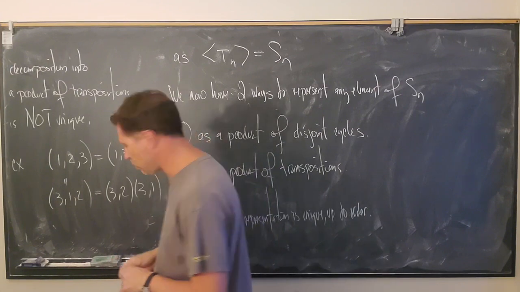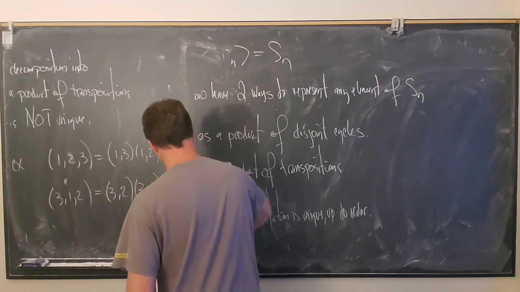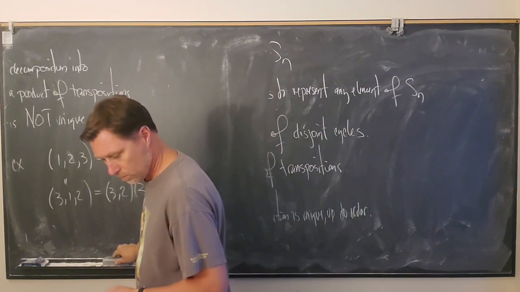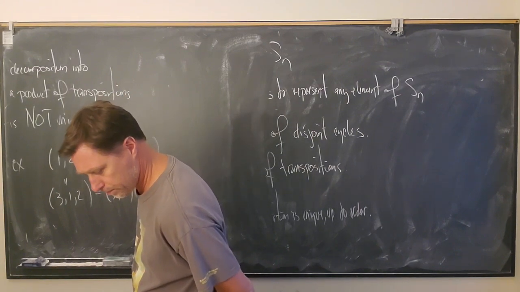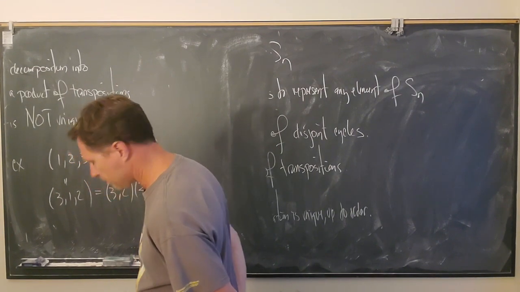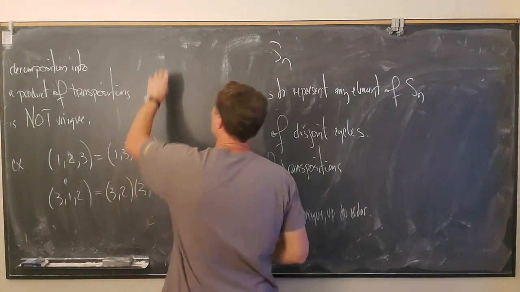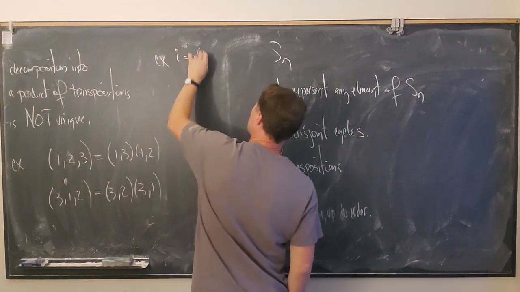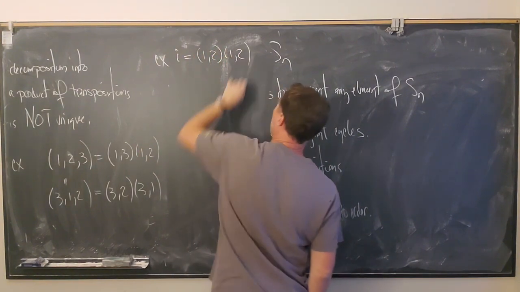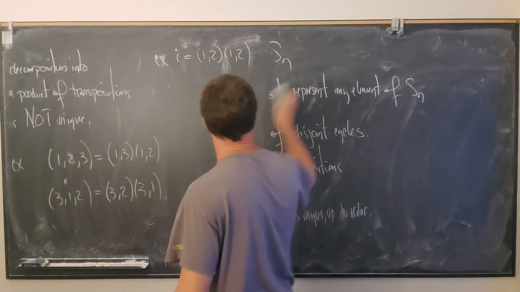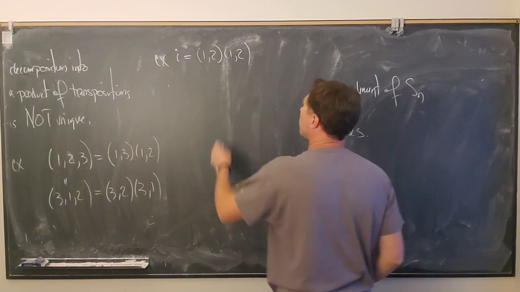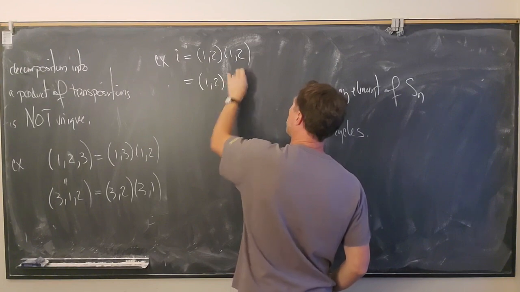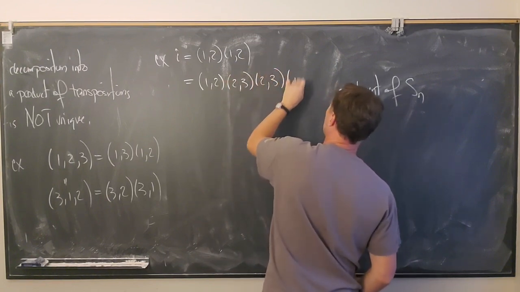Okay, in fact, let me just do one more while I'm here. This will be a good place to leave off, actually. So notice this. Example: the identity is equal to the product (1 2) times (1 2), which is equal to the product (1 2), and then (2 3)(2 3), (1 2).